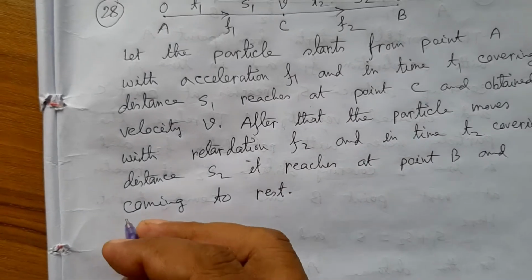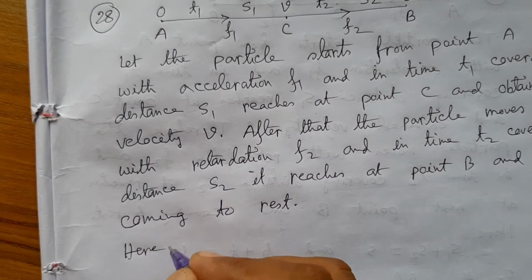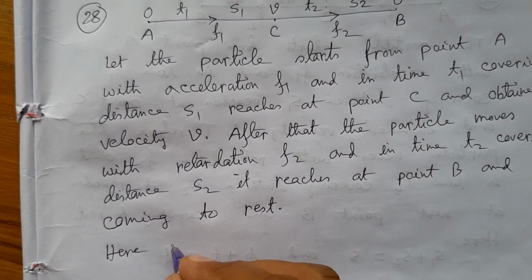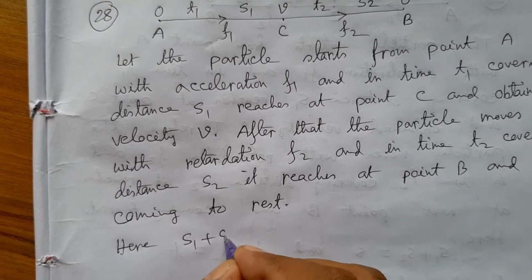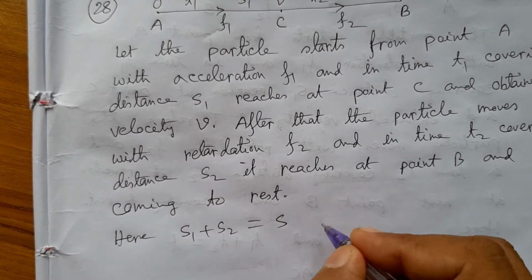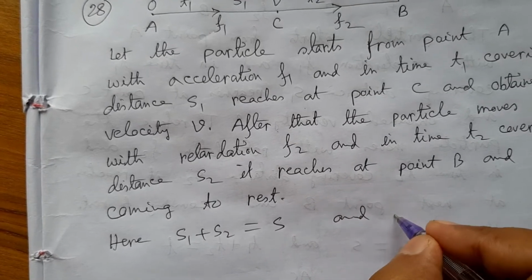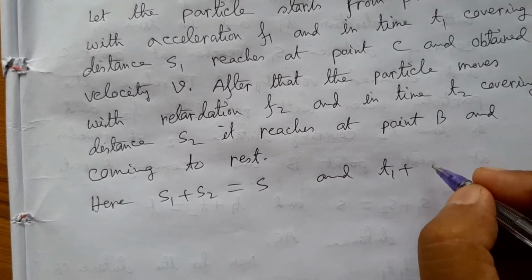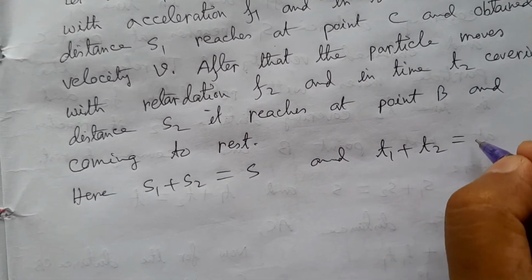Here given total distance, that is S1 plus S2 is equal to S, and total time, that means total required time T1 plus T2 is equal to T.